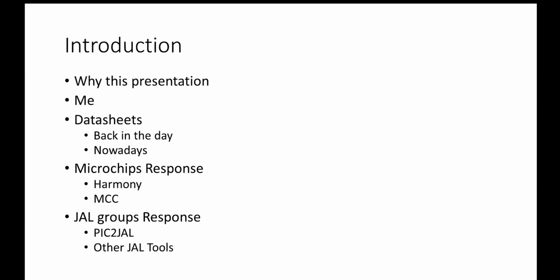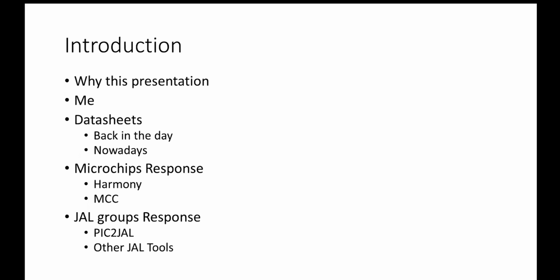Pic2jal.py is a Python program that's in the JAL tools. As I say, if you refer to the HardJAL presentation, that will show you how to download the JAL tools. And what pic2jal does is it takes any header file. When Microchip upgrade MPLAB X, you get a whole new bunch of .h files, the header files for each of the chips, or the INC files, the INC files for the compiler.